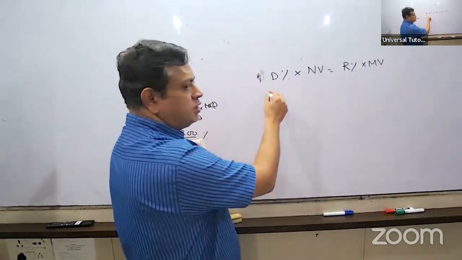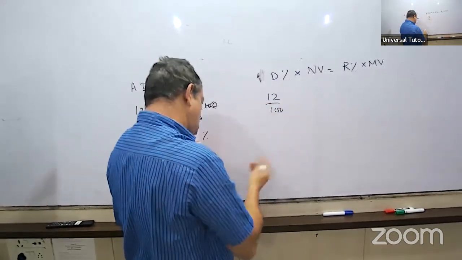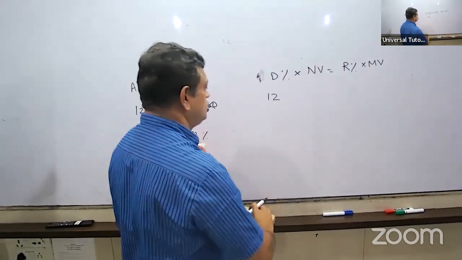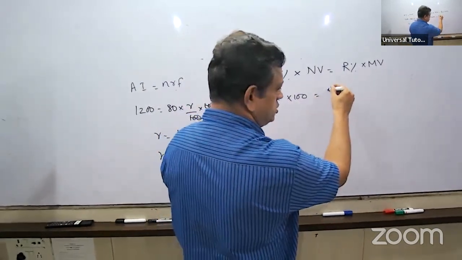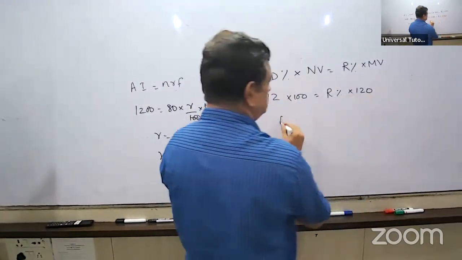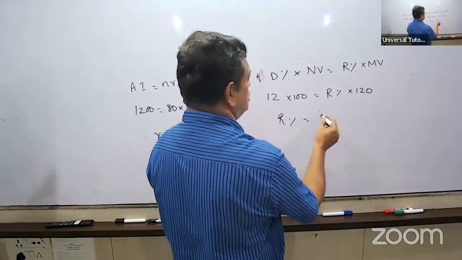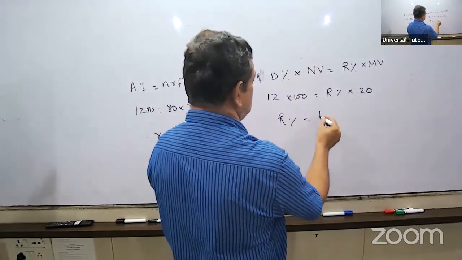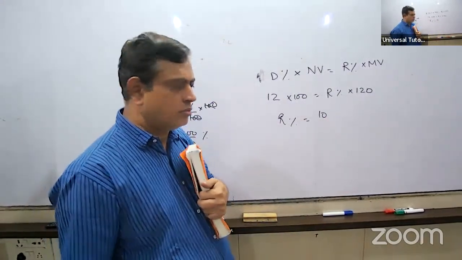Now, what is the dividend percent over here? 12 by 100, or 12 itself, into nominal value 100 is equal to return percent, which we don't know, into market value. That is equal to how much? 10.